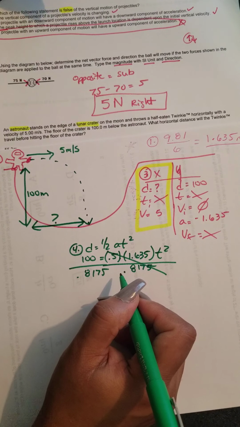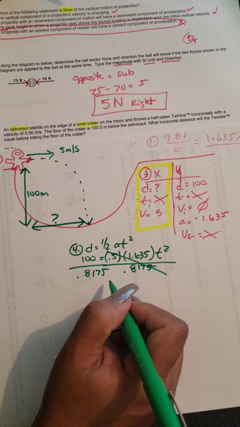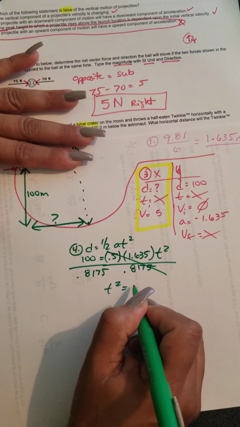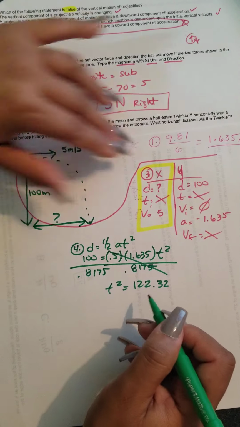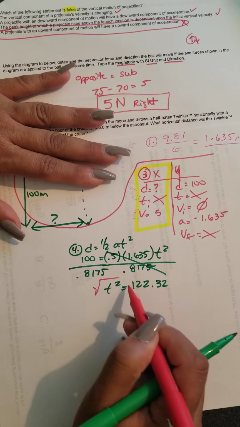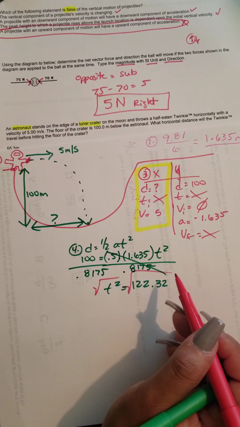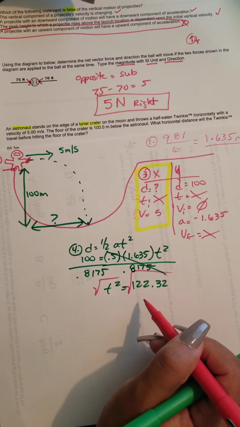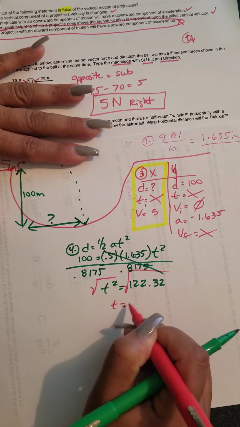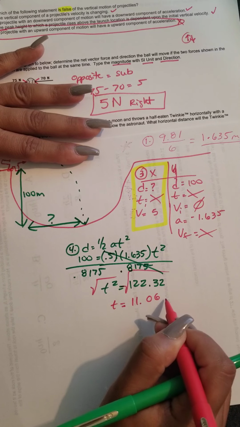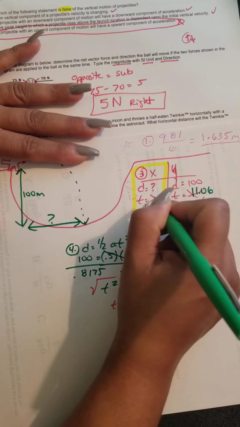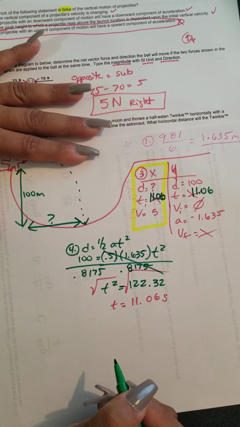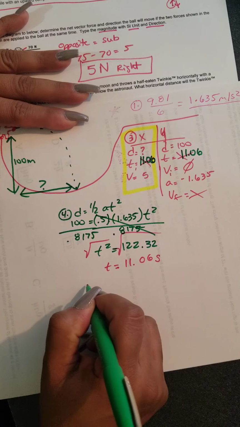So 100 divided by 0.8175 equals, that's not my answer. I need to square root this. T equals 11.06 seconds. So 11.06, 11.06. Now let's do the next step.